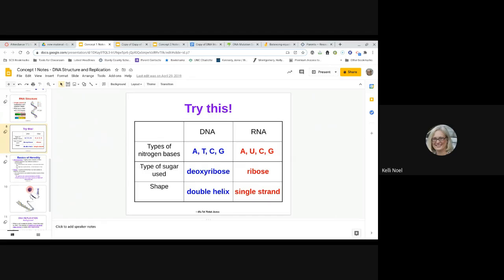RNA has U, DNA has T. So those are differences. So you could type it out, DNA, or an arrow or hyphen, and then list these, comma, comma, comma. You can do RNA, hyphen, list those with a comma for number 1.